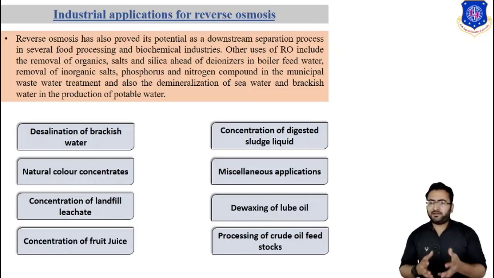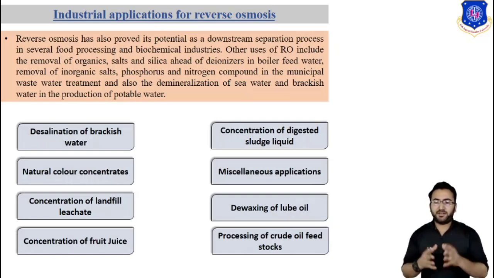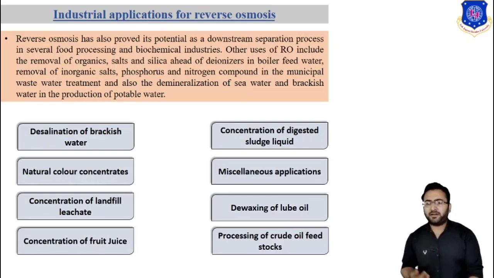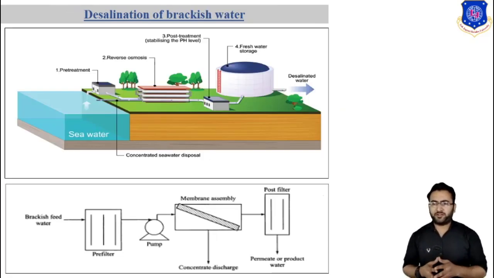So in this session we are going to discuss the desalination of brackish water, natural color concentration, concentration of landfill leachate, concentration of fruit juice, concentration of digested sludge liquid, dewaxing of lube oil, processing of crude oil or feedstock, and various other applications of reverse osmosis.